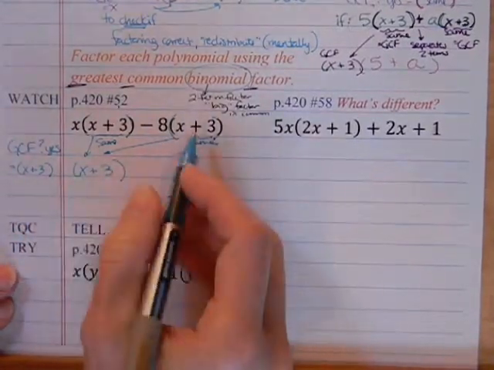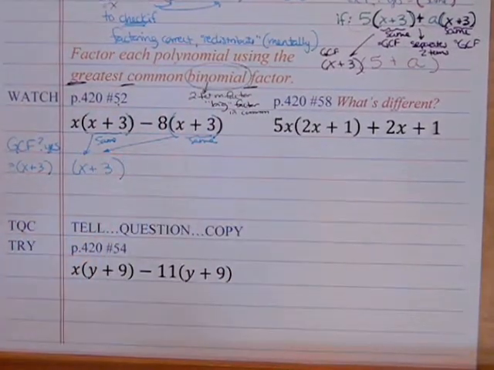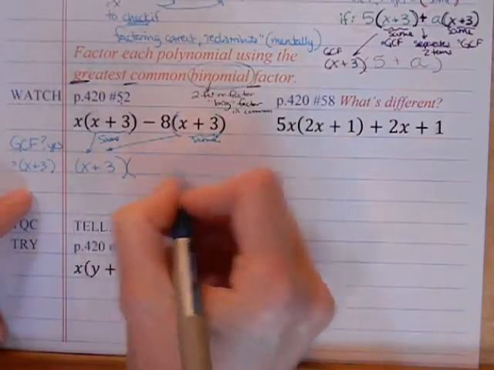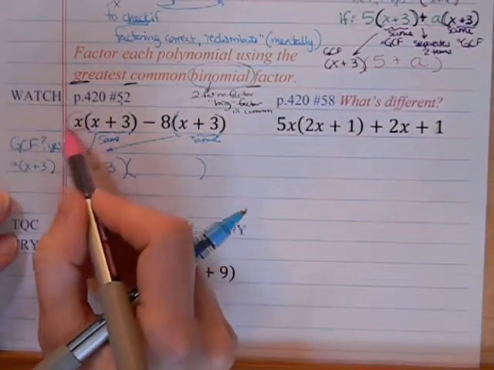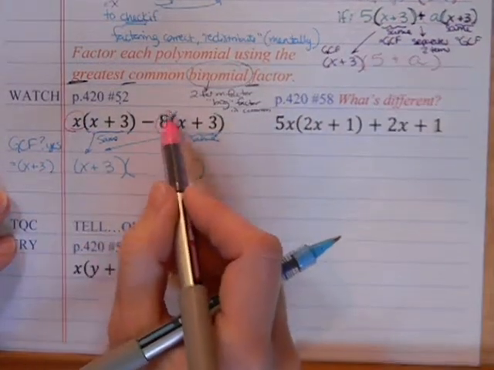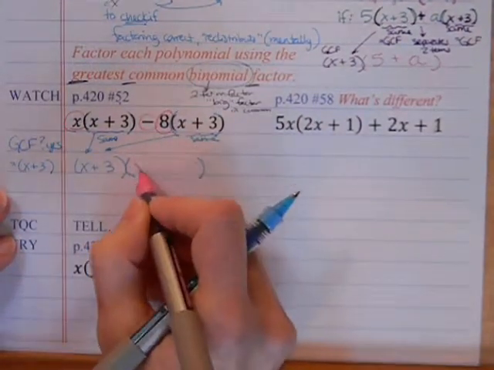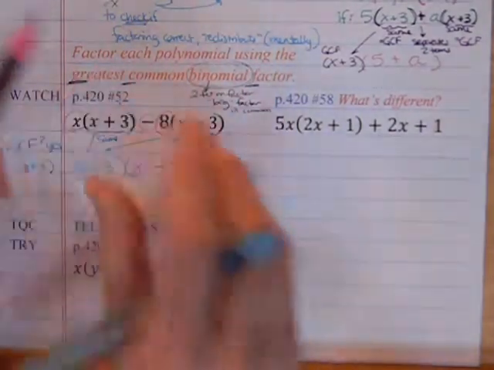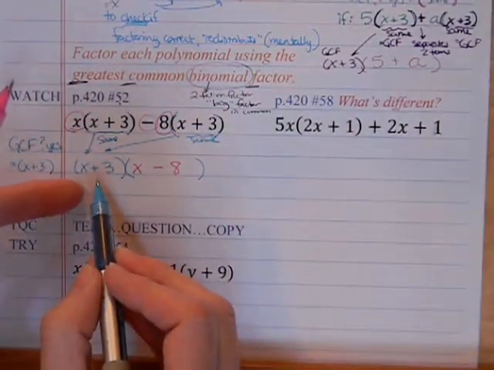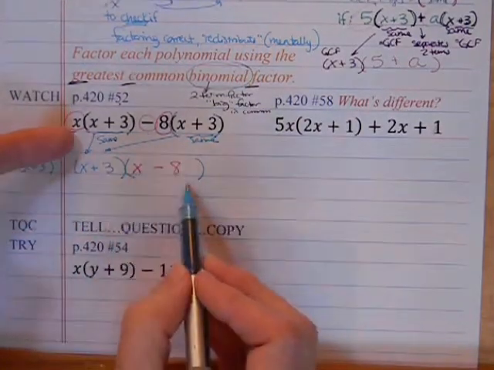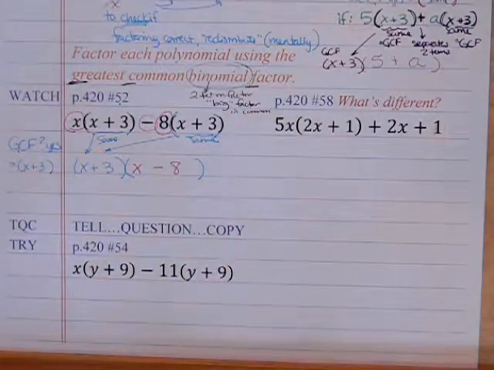So when we factor this, we pull out the x plus 3, and then what's left behind is what was being multiplied by those things, the x and the minus 8. So the x plus 3 was what the two sides had in common. Bring that out as the GCF, and then write what's left behind. Very similar to what we did with GCF, only now the GCF feels bigger, okay?